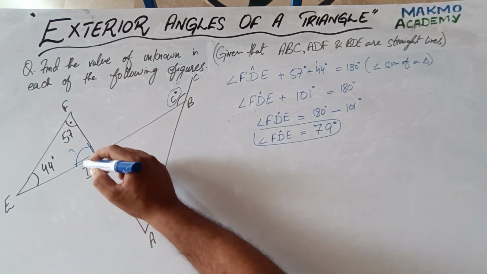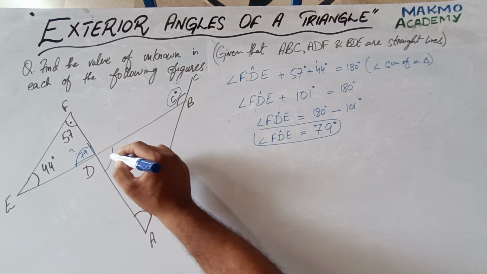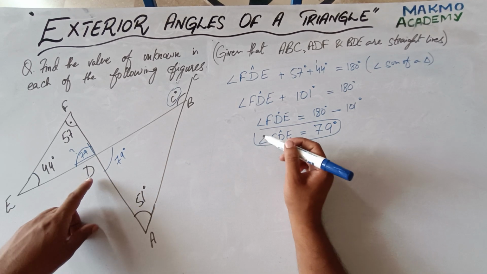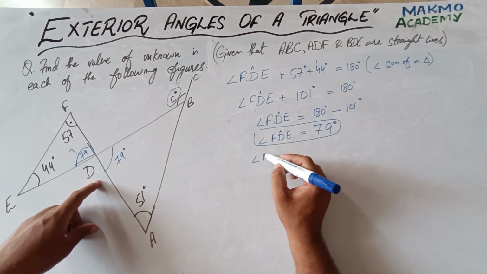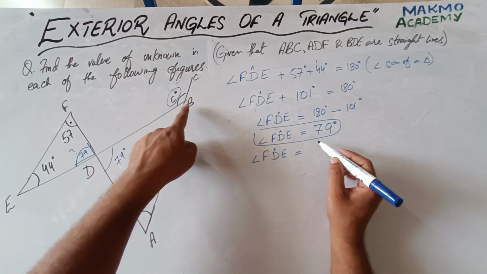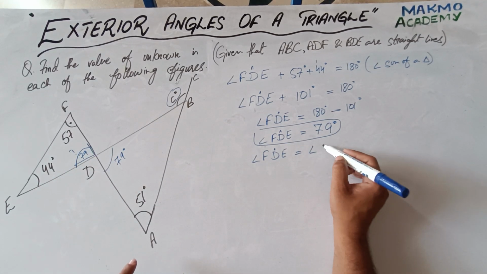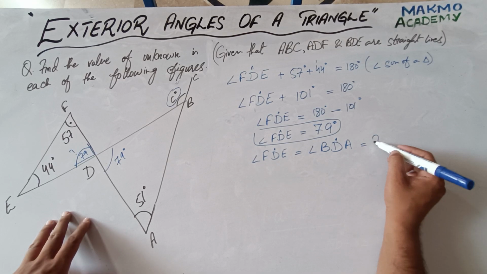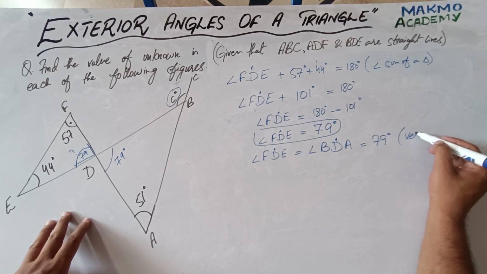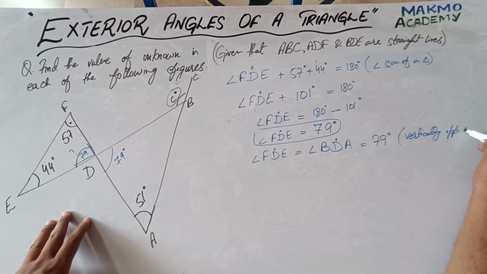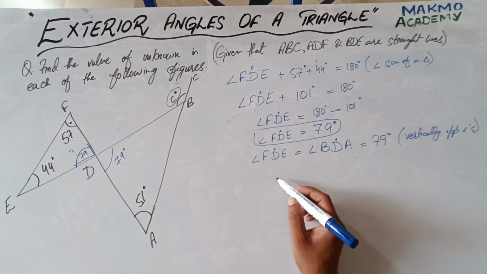Now if this angle is 79 degrees, this angle would also be equal to 79 degrees, but we need to mention the reason. Angle FDE is equal to angle BDA, and they both are equal to 79 degrees according to vertically opposite angles.